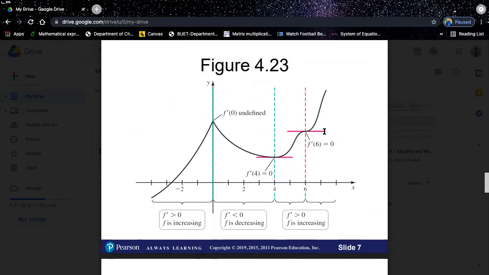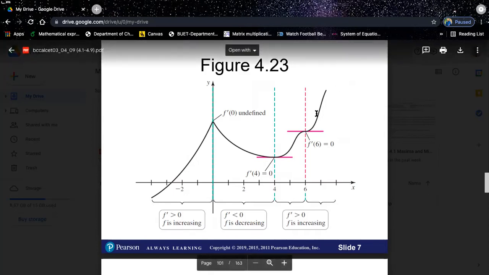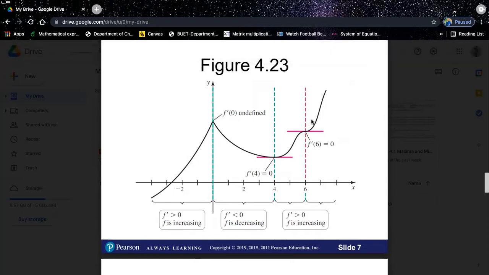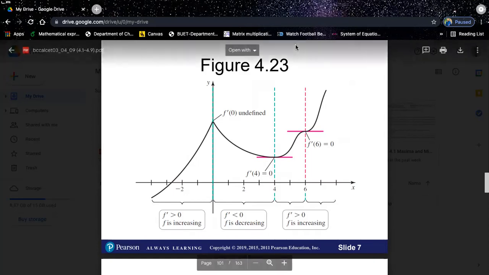But you can see before 6, your first derivative was positive, isn't it? If you draw a tangent line anywhere on this portion, you'll see the slope will be positive, right? It will create a positive angle with the x-axis. And even after the point 6, you can see it's still positive. It doesn't really change sign after the critical point.